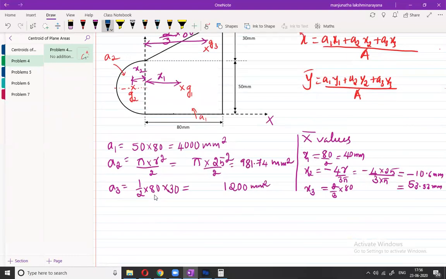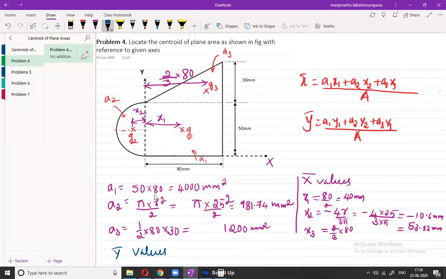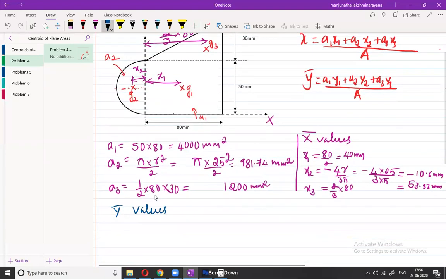Next, now let us find out the y bar values. Here we know that the centroid G1 lies at a distance from the x-axis, which will be taken as y1, and it is half of this 50. Therefore, y1 is equal to 50 divided by 2, which is equal to 25.